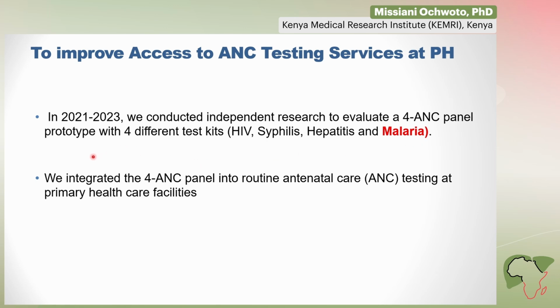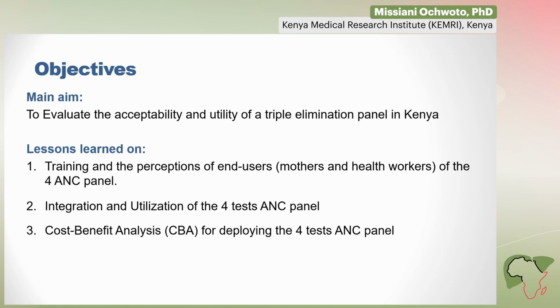What we did is we integrated these tests into the normal routine at the ANC, using the infrastructure of HIV at the primary health care facilities. The main aim was to evaluate the acceptability and the utility of the triple elimination panel.